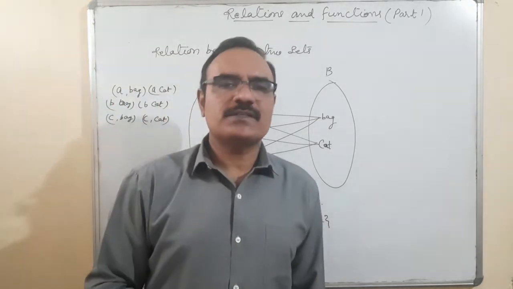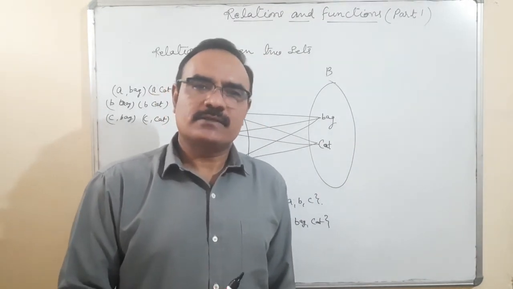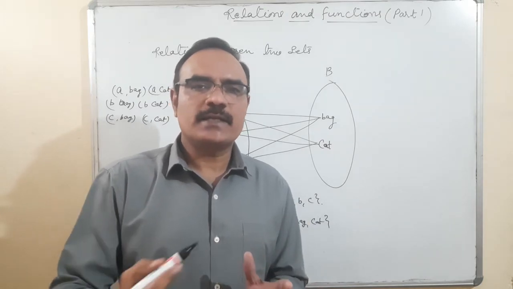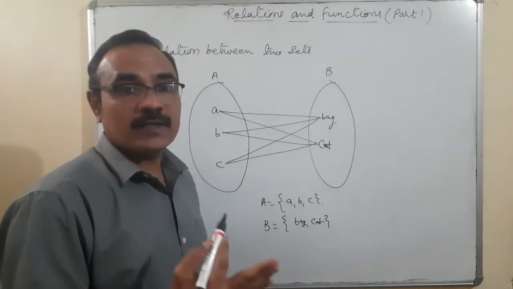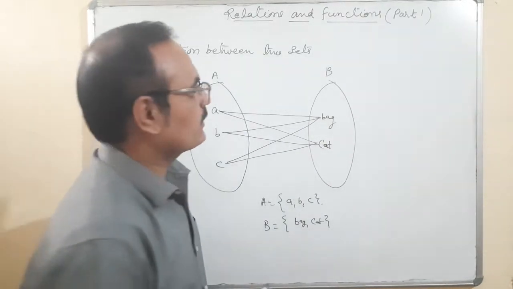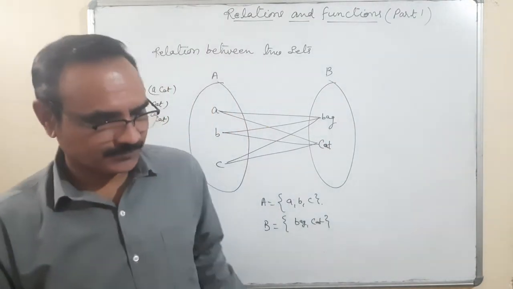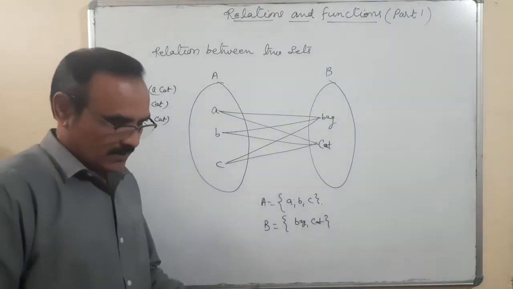So the simple definition of relations is that the elements from one set are related to the elements from another set, with the given conditions. A and B are related with a given condition. So that is simply called a relation.